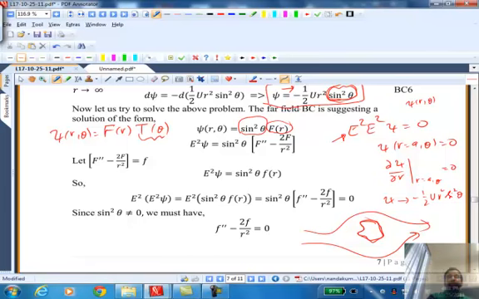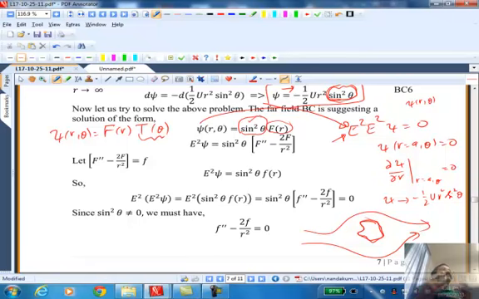What would be my reason for doing that? If I do that and plug that into this equation, what would I get? I can take the derivative with respect to theta, because it is a known function, right? And I will have only derivative with respect to r as an unknown. So I will reduce the PDE into an ODE.